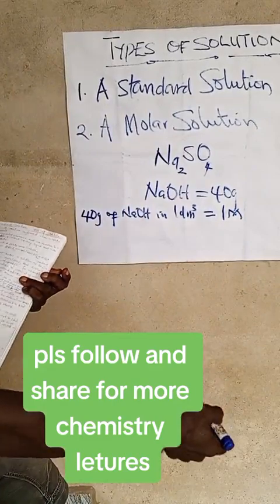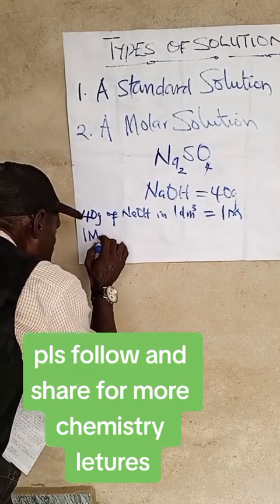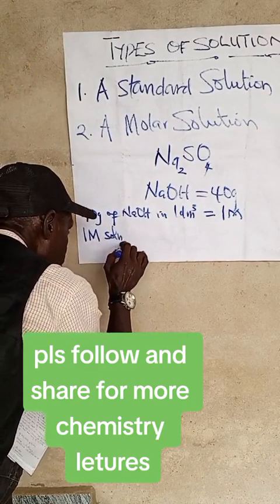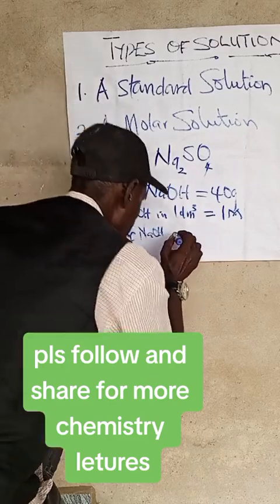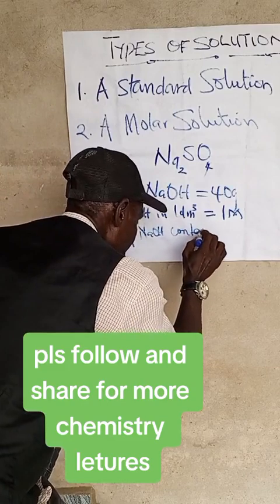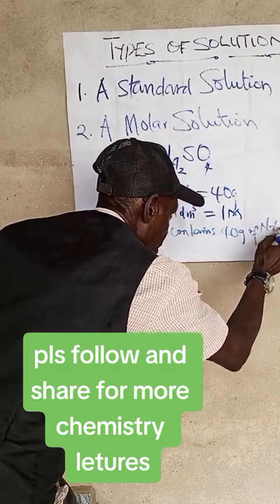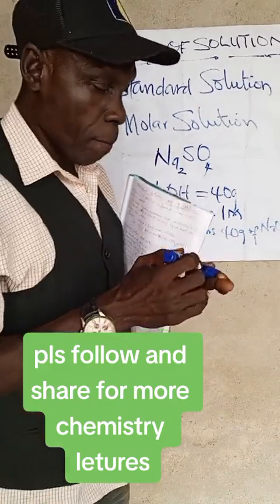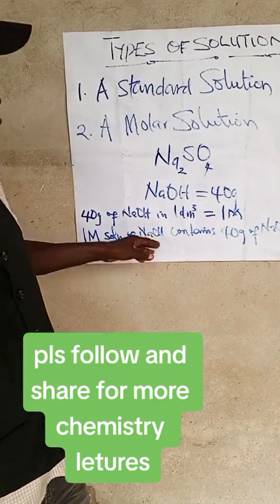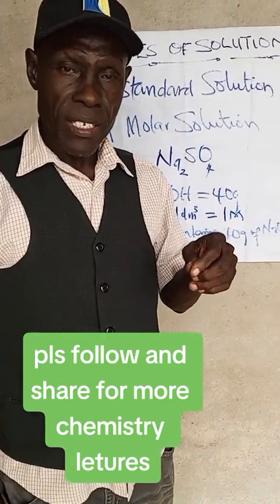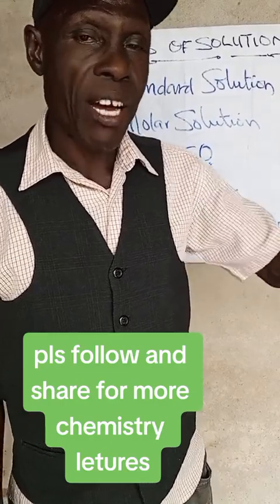You can also convert it this way: 1 molar solution of sodium hydroxide contains 40 grams of the salt, sodium hydroxide. Now this already becomes a mathematical equation. So that with this, you can calculate the number of moles of any given substance in any given amount of solvent.